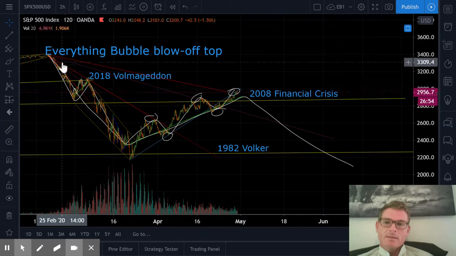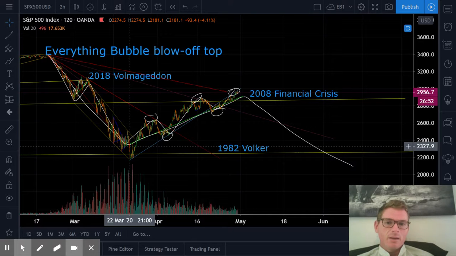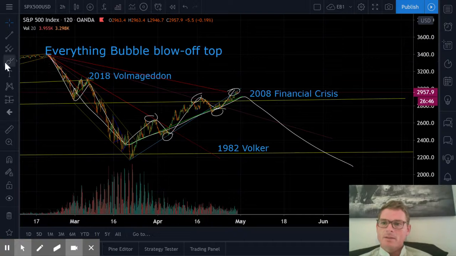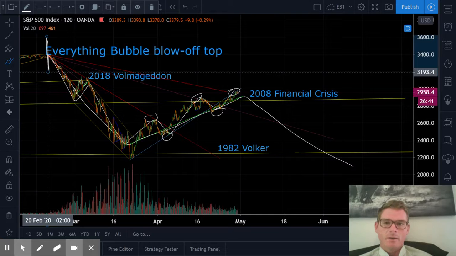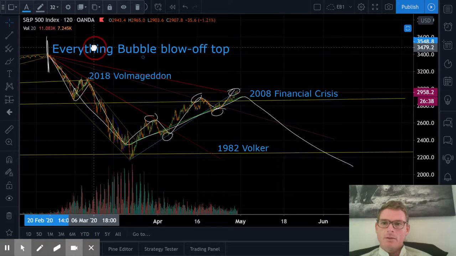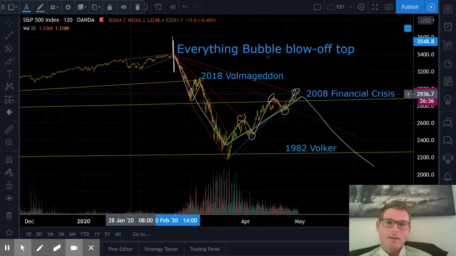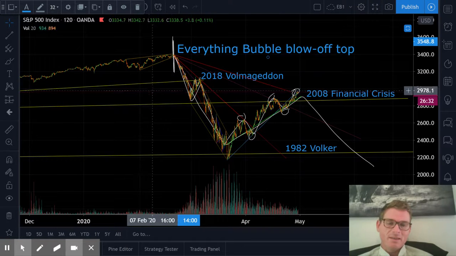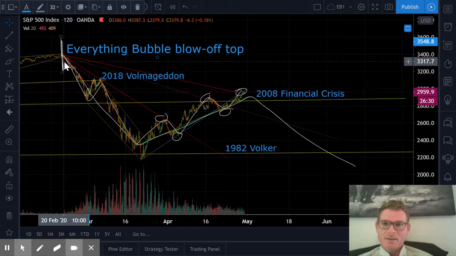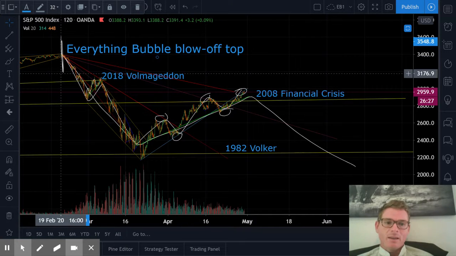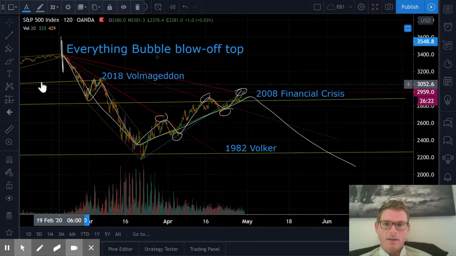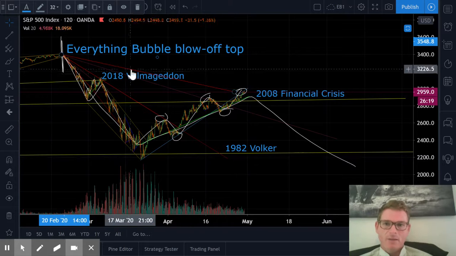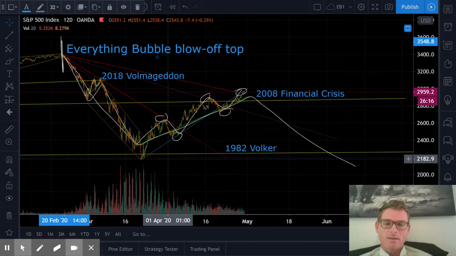But this is just sort of a mathematical derivative model looking at the contraction of the monetary expansion of the currency system. And we reached a point here where the monetary system, this is the worldwide Eurodollar monetary system, couldn't expand anymore. I mean, we had 40 years of expansion with increasing steepness up to this point, and then bang, it hit this blow off top, and now we're in contraction phases, and we're unwinding these bull market lines from the 2018 crash, the 2008 crash, the 1982 crash.